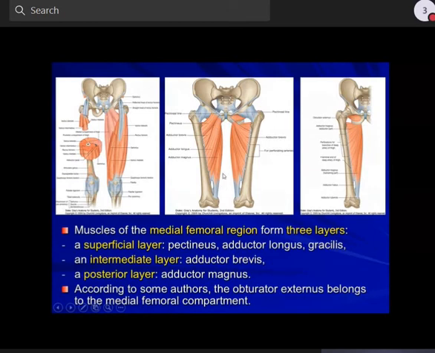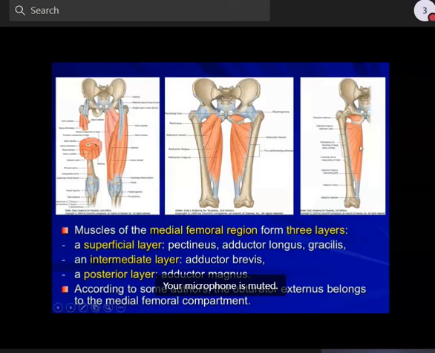Most adductors are responsible for extorsion, so lateral rotation at the hip joint, and the only exception to this is the ischiocondylar part that rotates the hip medially. It's a very important thing to memorize.